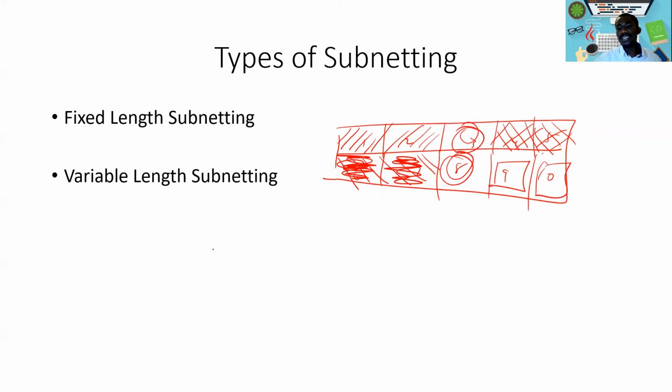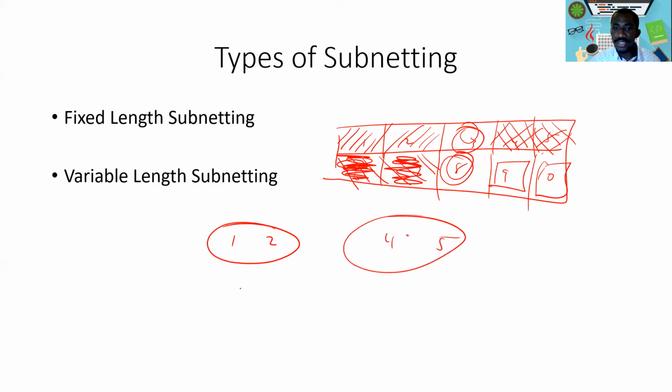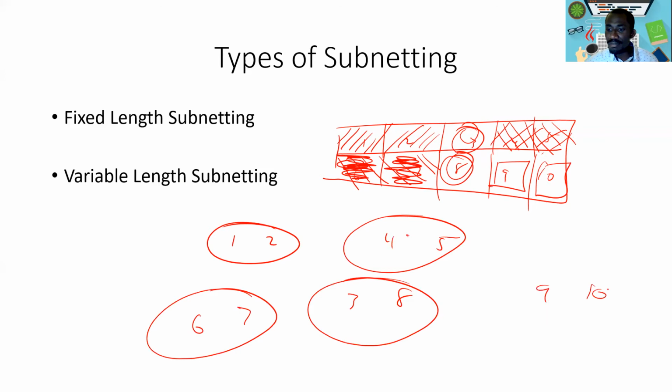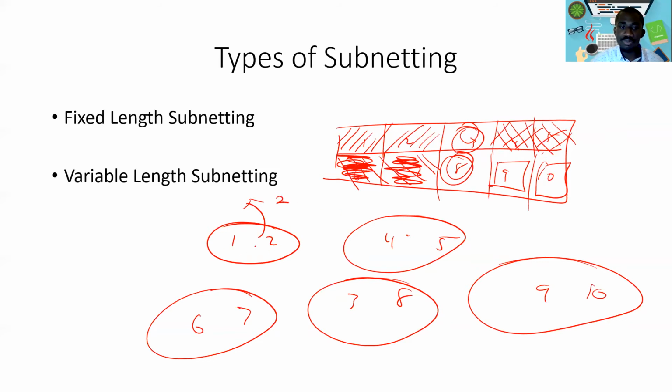What we've done here is that we've successfully divided the network into 5 different networks, where you have 1 and 2 being one network, we have 4 and 5 being another network, we have 6 and 7 being another network, 3 and 8 being one network, and 9 and 10 being one network. What we can see here is that for each network, we have 2 rooms, or for each network, we have 2 machines.